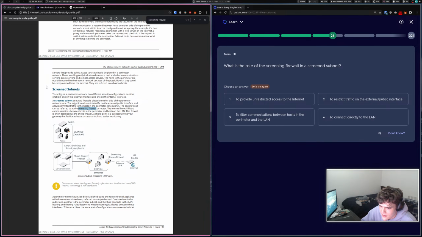The edge firewall can be referred to as the screening firewall or router. The internal firewall filters communications between hosts in the perimeter and hosts on the LAN. The firewall is often described as the choke firewall. A choke point? This purposely narrow gateway. Oh, I know what a choke point is.